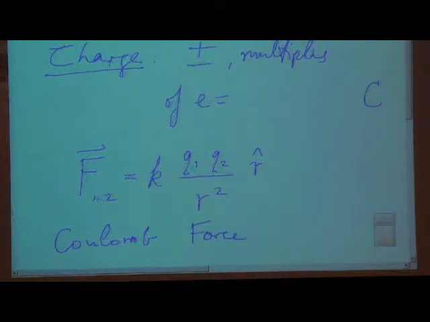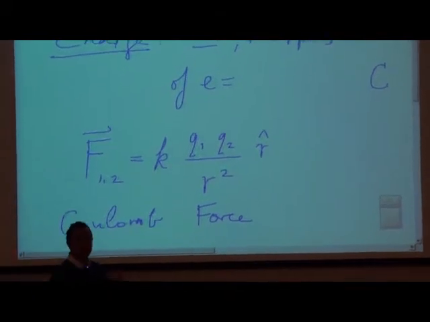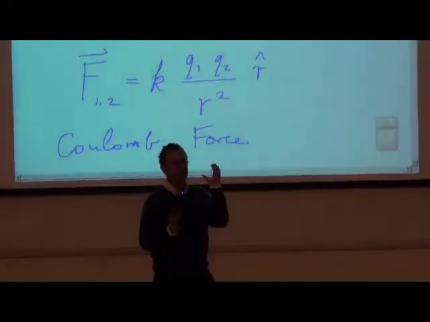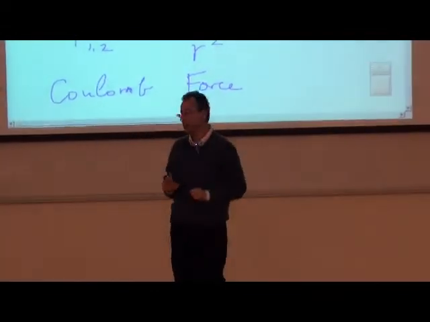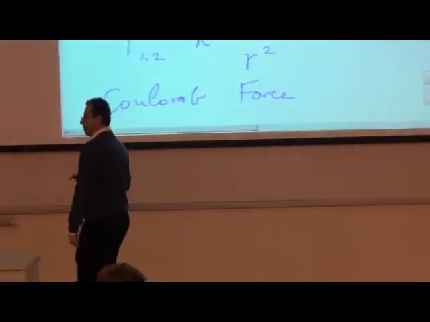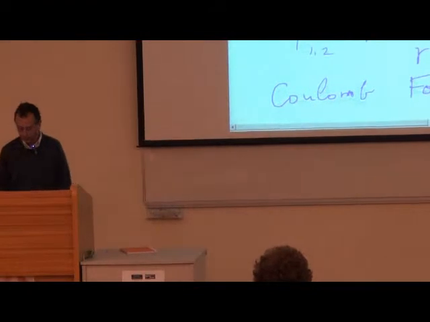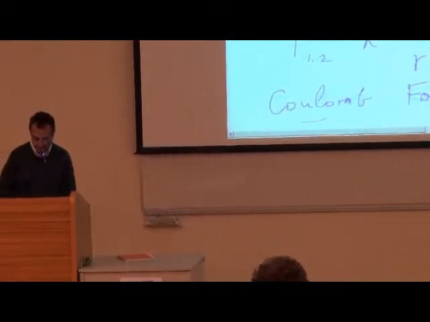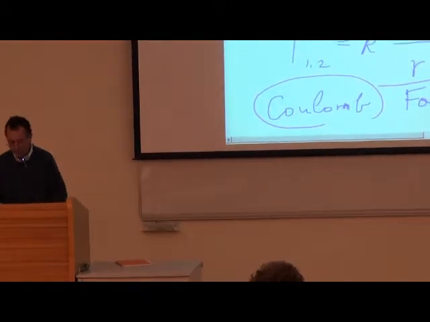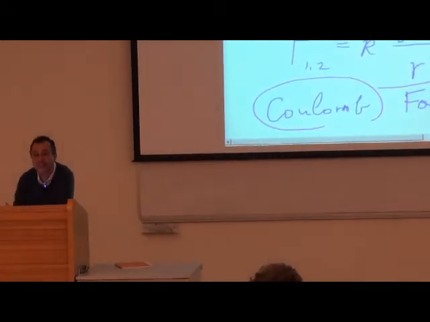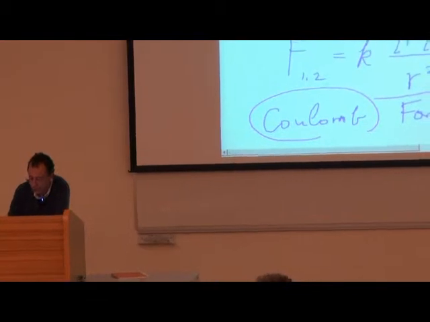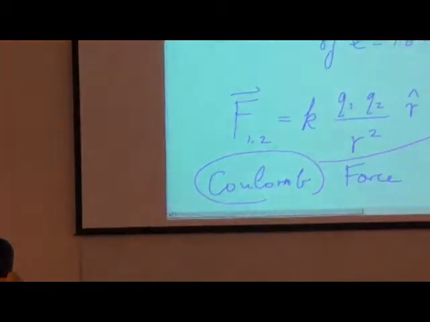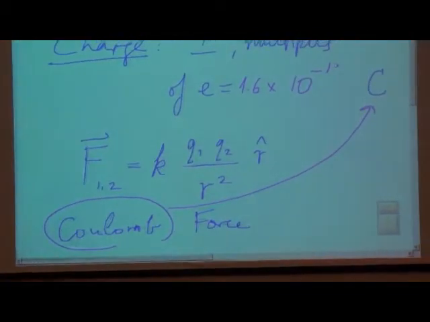And in the honor of Coulomb, there was some old definition of the unit of charge that was named the Coulomb, this thing. This is the unit. And in that unit, the basic charge of the electron is 1.6 times 10 to the minus 19.